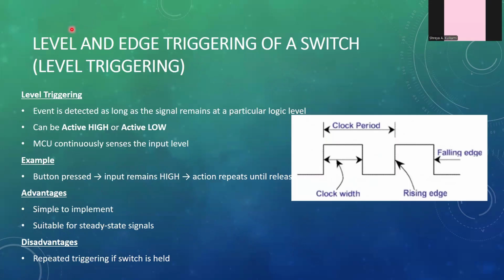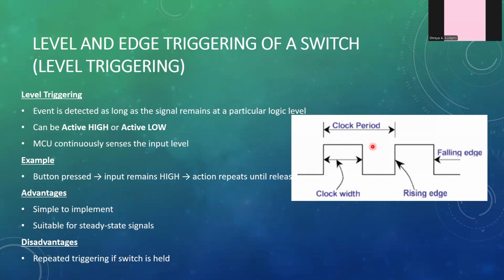Then we moved on to level and edge triggering of a switch. Level triggering of a switch happens when the event is detected as long as the signal remains at a particular logic level. If you are increasing the volume of the TV, as long as you have pressed the plus button, it keeps increasing.